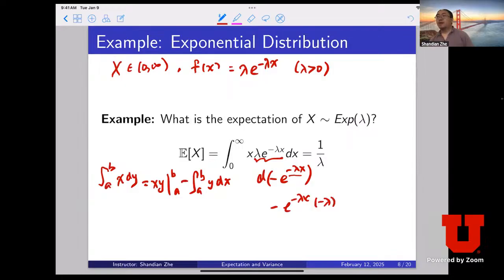You end up with lambda times e to the minus lambda x, which is here. It's just practice, nothing special.